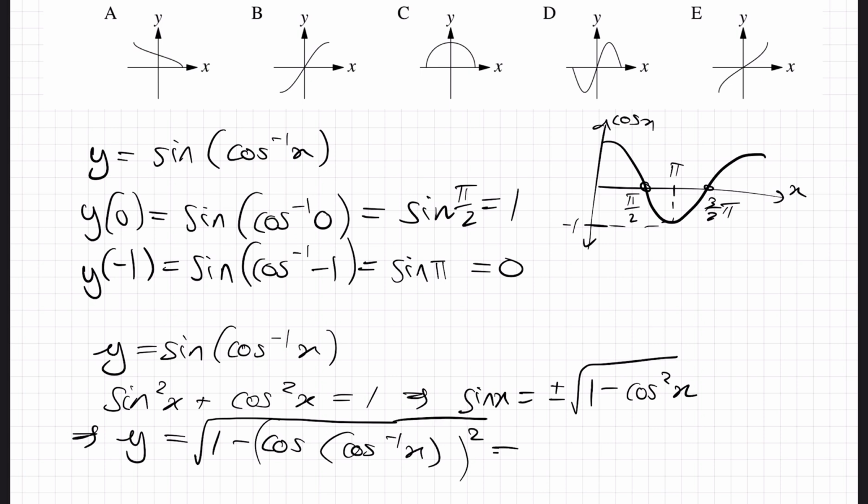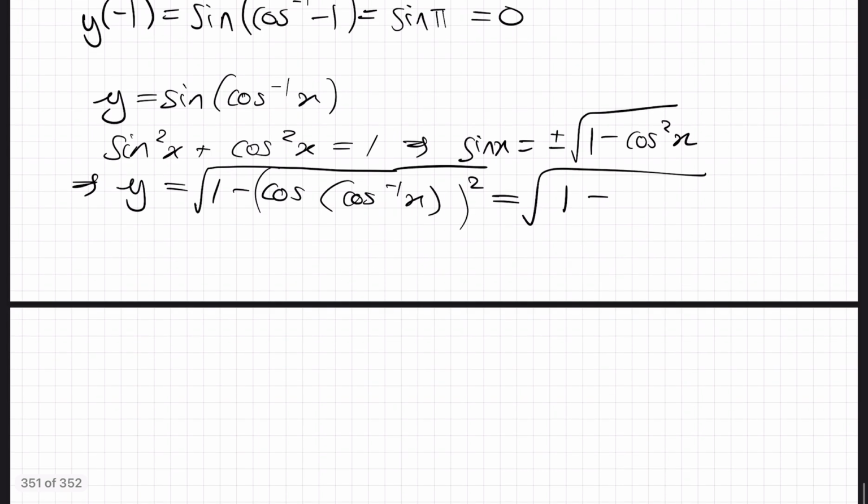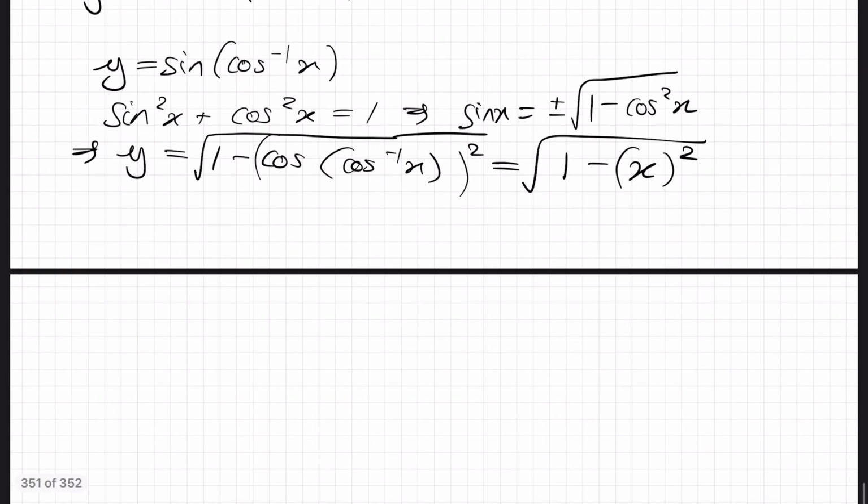And now from here, we can simplify this expression because we have a 1 minus cos of minus 1, which is just going to be x, and it's x squared. So here's the reason why I said it doesn't really matter if we take plus or minus. In fact, we can just leave the plus or minus in here. And then what we'll do is we'll square it. So we get y squared is equal to 1 minus x squared.